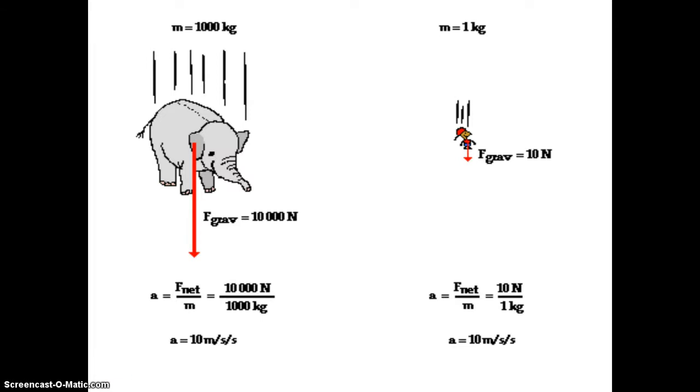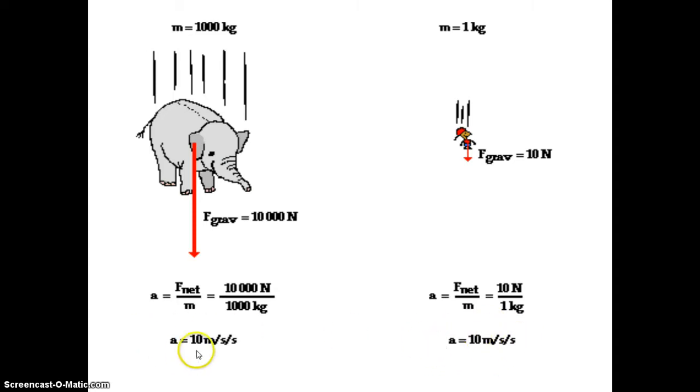As long as we're ignoring air resistance, all objects do fall with the same rate of acceleration, but this means that if two objects that are close to the surface of the Earth have very different masses, they will experience very different forces of gravity. As you can see in this example of an elephant and an ant, we have accelerations of 10 meters per second squared for both of these objects.